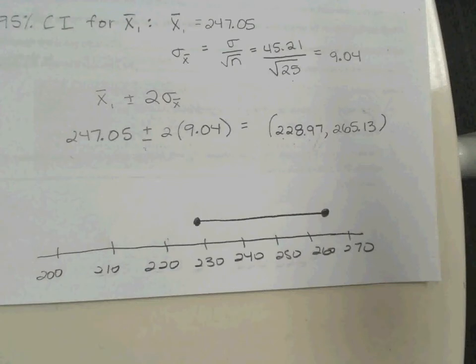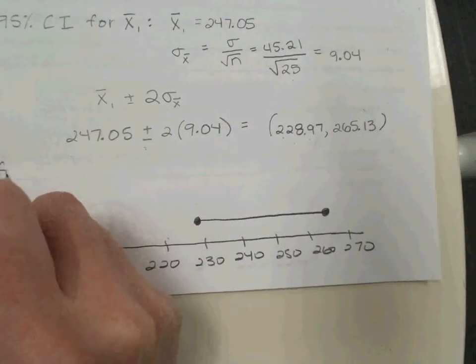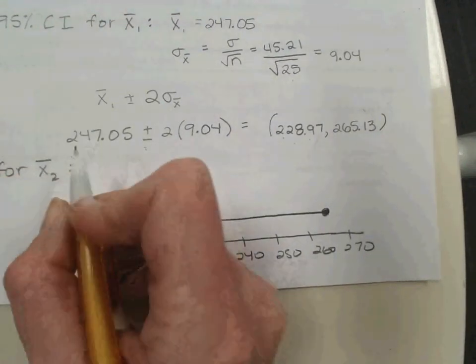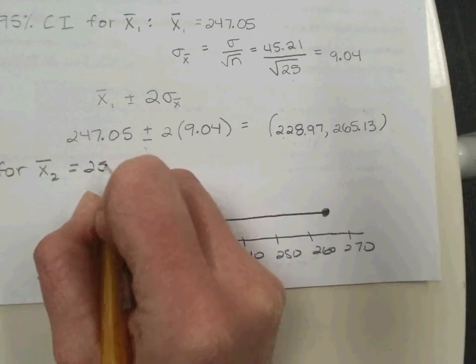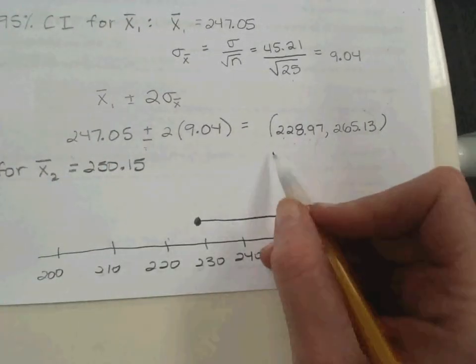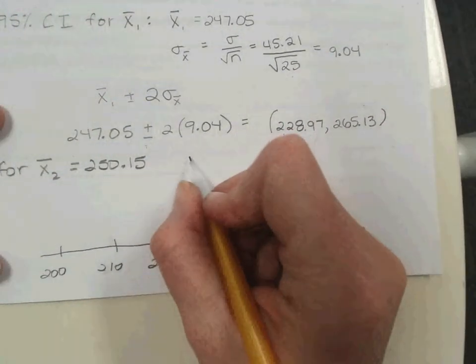We'll do one more, for x bar sub 2, which is 250.15. We've already calculated the sigma sub x bar, so that kind of saves us a little time.